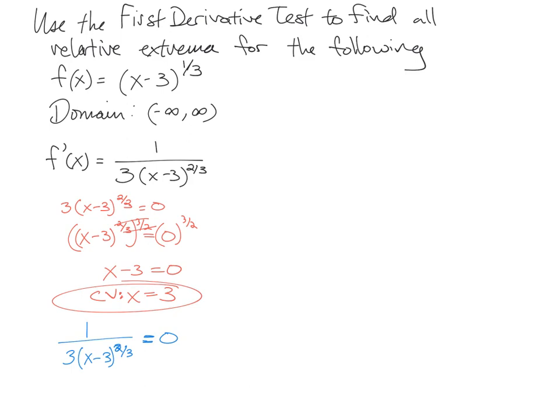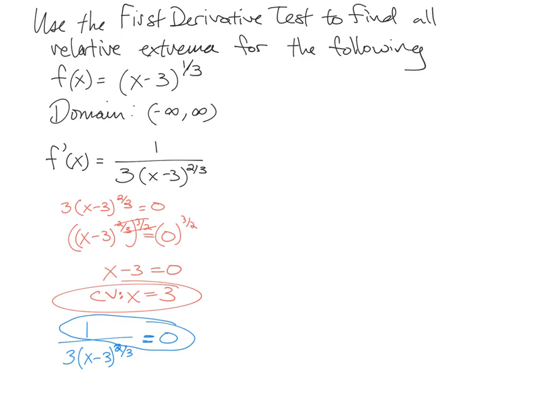You can quite literally just set the top equal to 0. Because my first step anyway is going to be multiply by 3 times the quantity x minus 3 to the 2/3 power. And that's going to get rid of this, and it'll just stay 0 over here. So 1 equals 0. If we set the derivative equal to 0, that produces no new critical values.